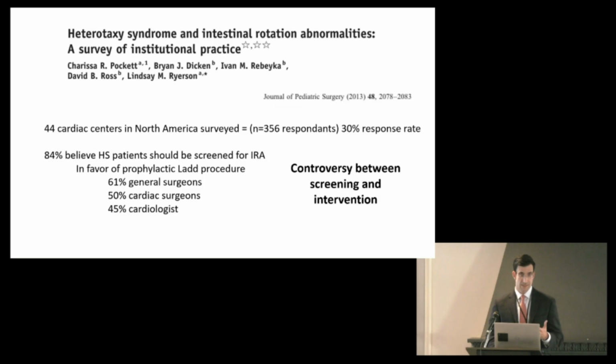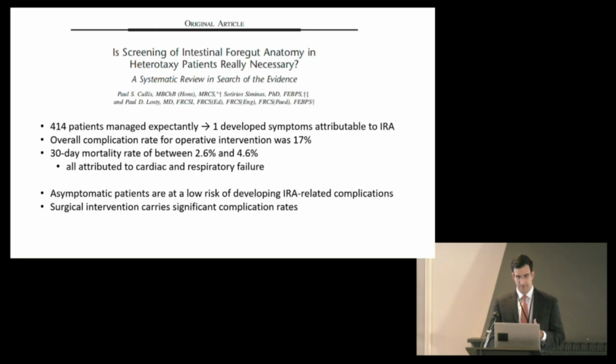And so that led to different practices across everywhere, basically, and came with additional data over time that some centers that just manage these patients expectantly, for example, 414 patients, only one of them developed symptoms attributable to intestinal rotation anomaly. And they also found that complications and mortality sometimes from the actual intervention was not negligible.